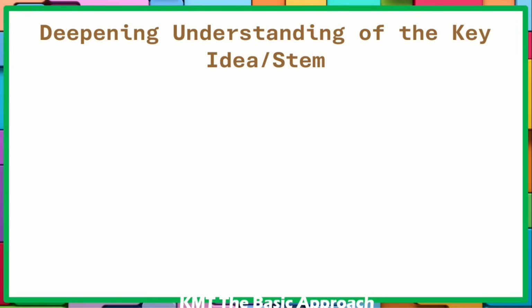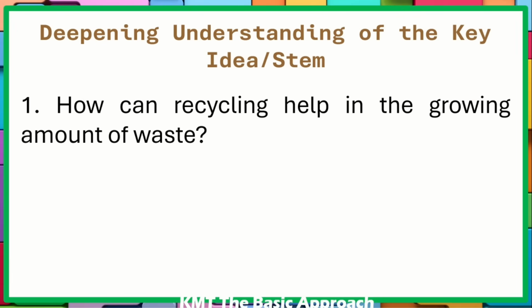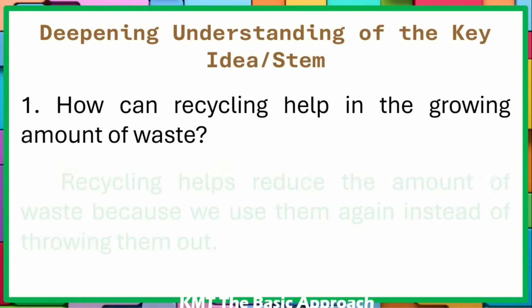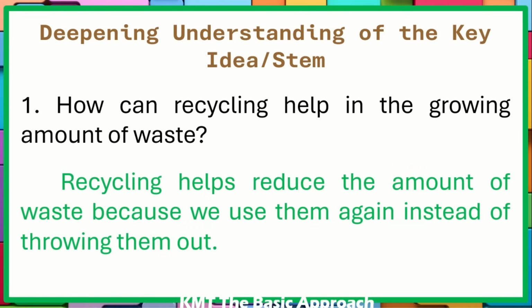Deepening understanding of the key idea or STEM. Number 1. How can recycling help in the growing amount of waste? Great! Recycling helps reduce the amount of waste because we use them again instead of throwing them out.